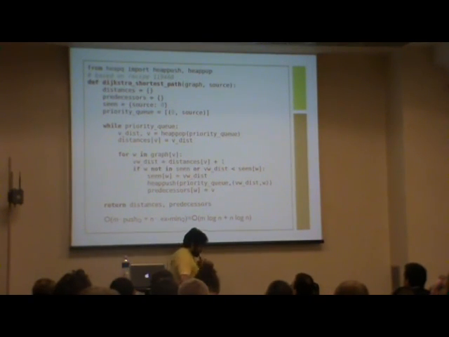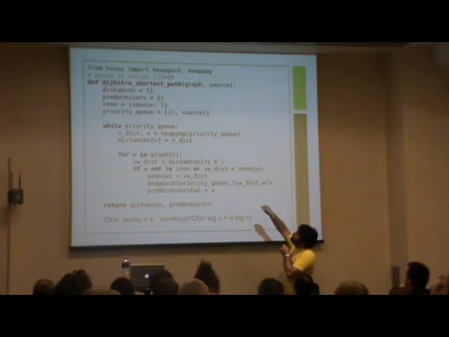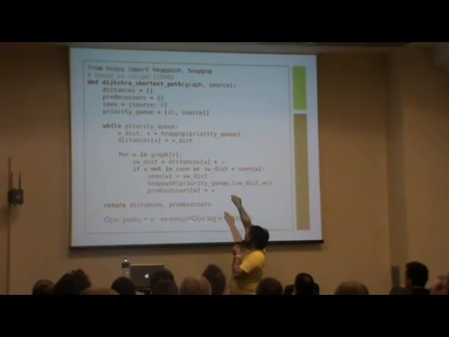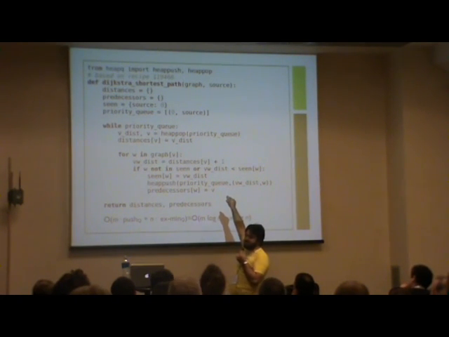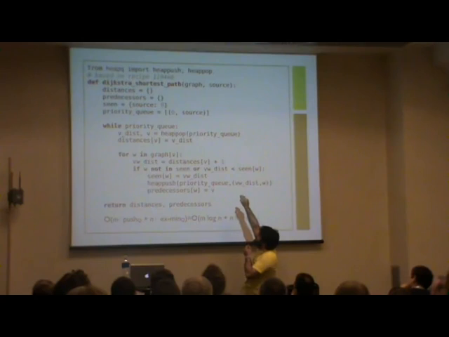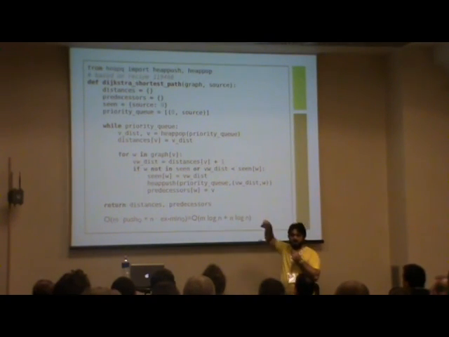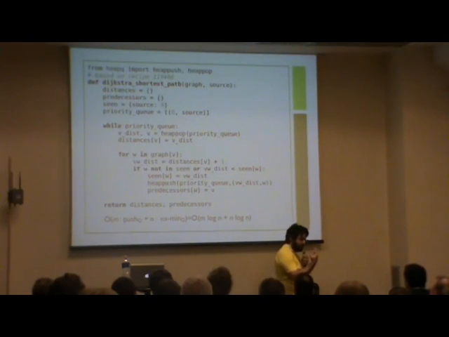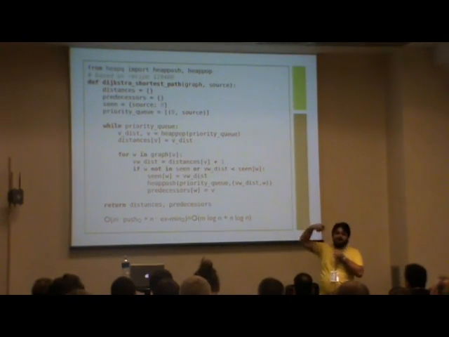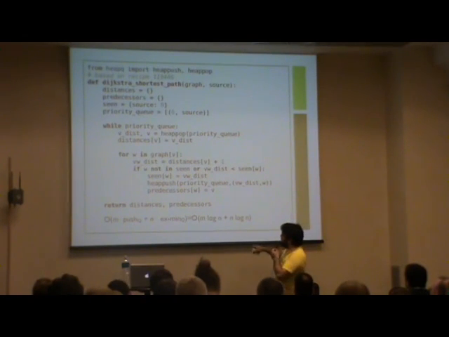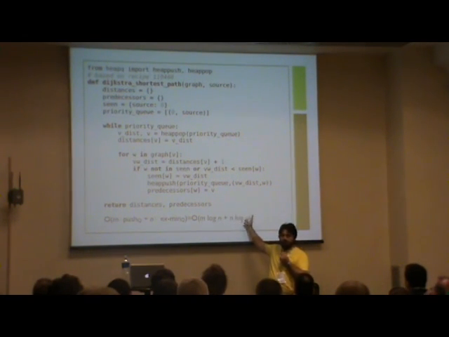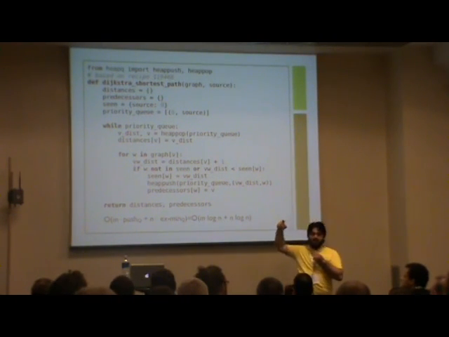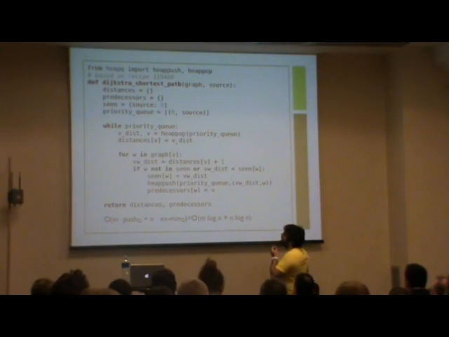Basically, we are using the heapq module as a priority queue with tuples. The first element is the distance of the node under analysis from the starting node. So this gives the shortest paths from one node, and we have to repeat that for every node. That is because here we have just n log n, for example, and in the previous slide there was n squared log n, because I assumed that you are doing that for every node.